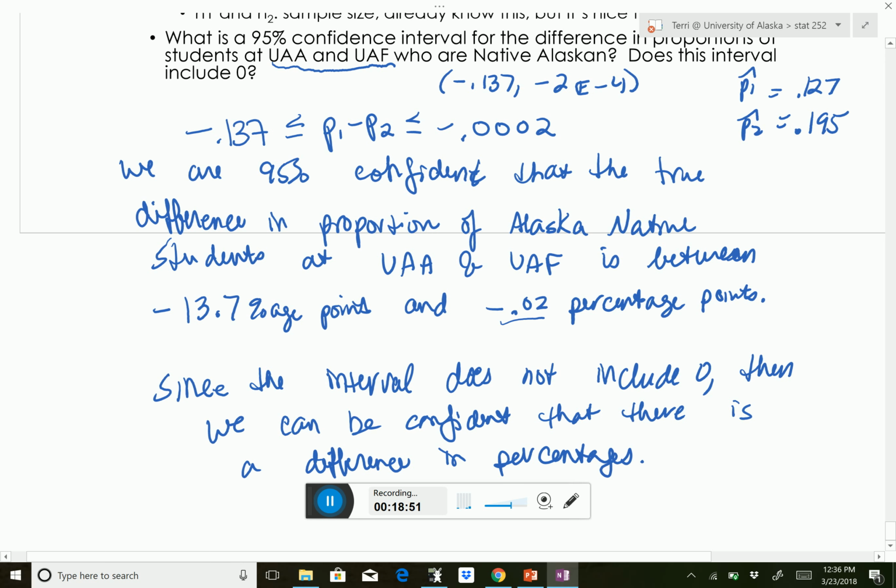So our interval doesn't have 0, it's negative, it's all on one side. So it looks to me like, if I were interpreting this, I would say that UAF has a higher percentage of Alaska Native students than does UAA, which I think makes sense, actually. So there you go.